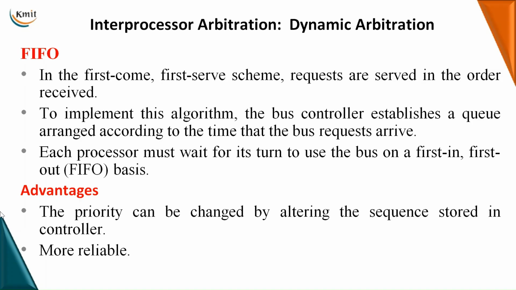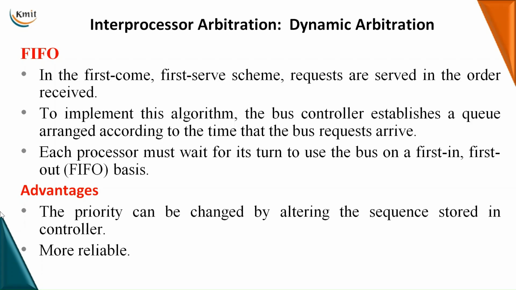Whichever bus request arrives is placed in the queue in the order in which they arrive, and each processor must wait for its turn to use the bus based on the first in first out policy. Whichever request comes first will be serviced and allocated first. So this is called the FIFO algorithm.